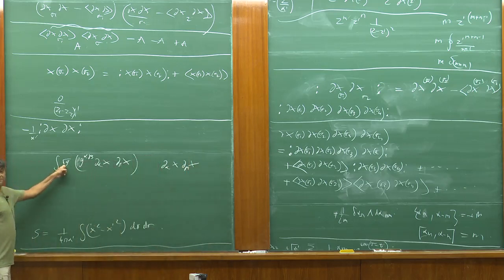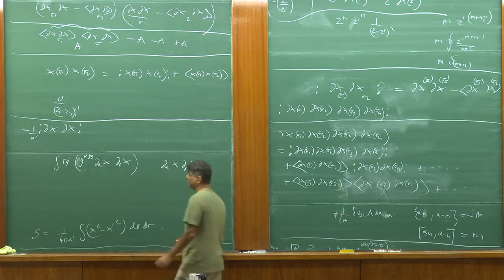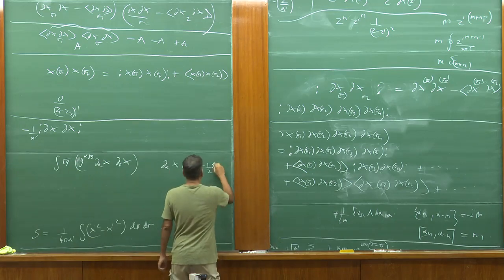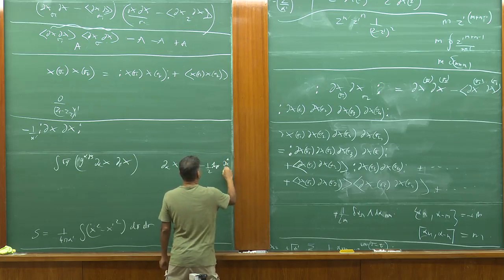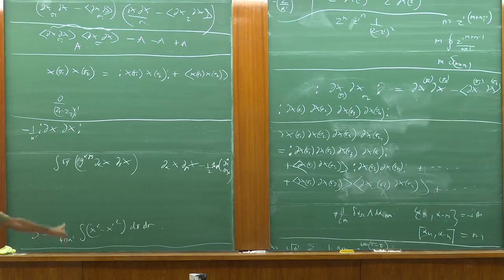The second term comes from here. Okay, this gives us minus half. The half is because there was square root g. Okay, g alpha beta, and then del x, del x. Is this clear, or do you need more justification?